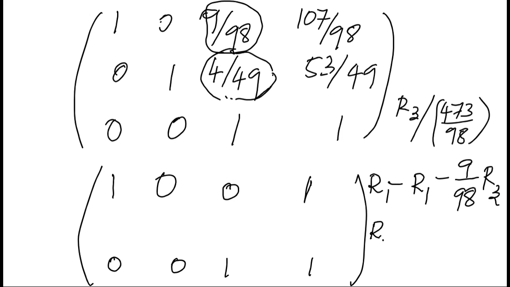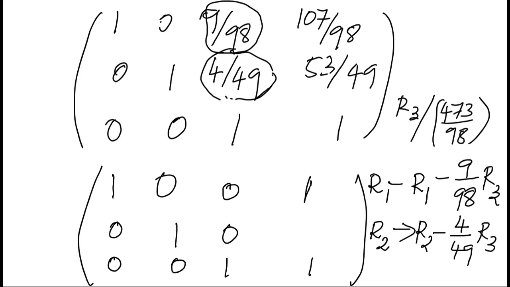And now I'm going to make changes in R2. Our aim is to make this 4 by 49 0. So I am writing R2 minus 4 by 49 into R3, so that I'm getting 0, 1, 0. The corresponding R2 element is 53 by 49 minus 4 by 49 into the corresponding R3 element, which is 1 here.